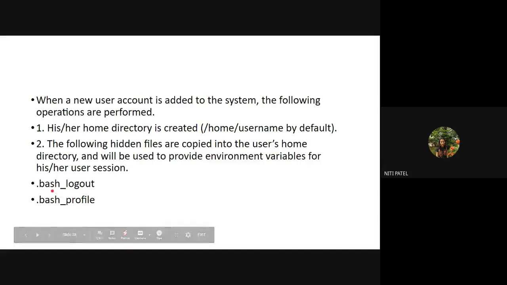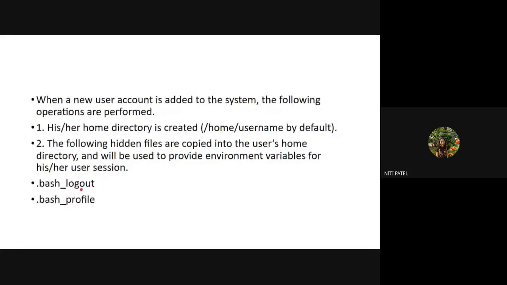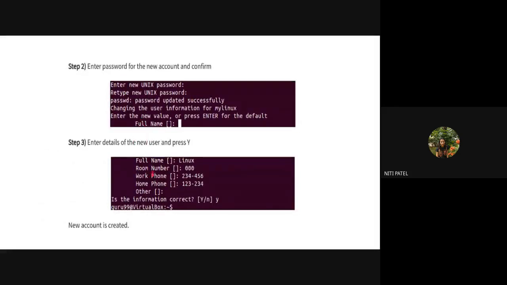What is this bash_logout going to store? What time did a user log in and what time did a user log out? Every day, every hour, whenever the user logs in and logs out, every detail will be stored inside this file, bash_logout. But what is the name of a user? What is the full name? What is the room number?